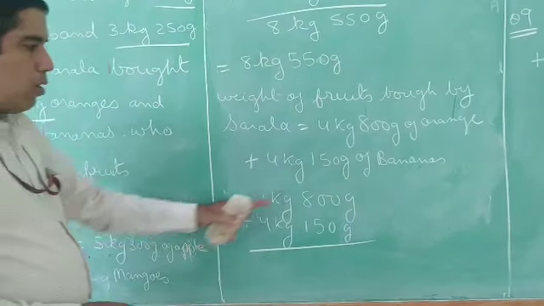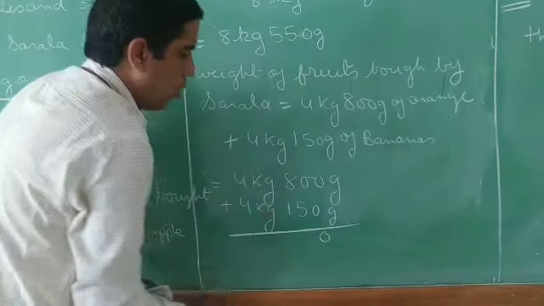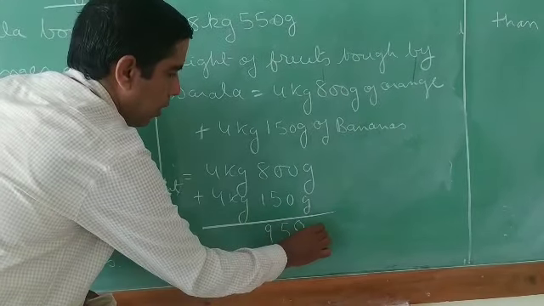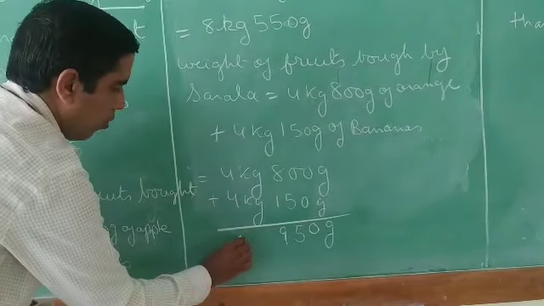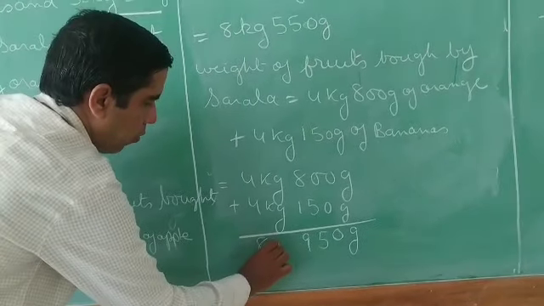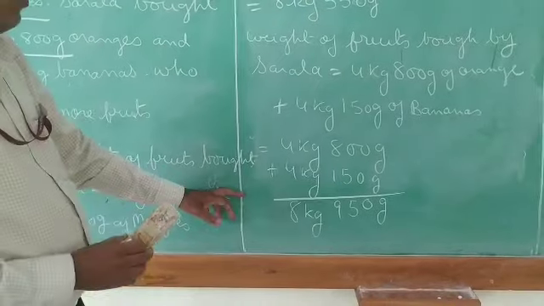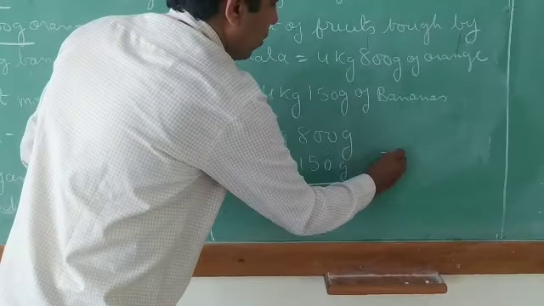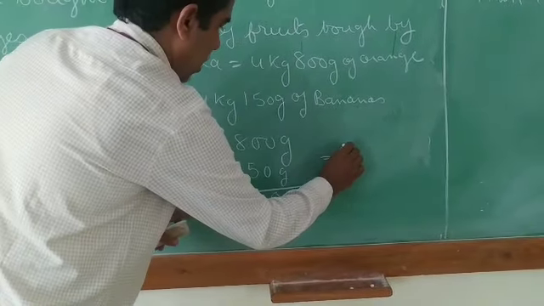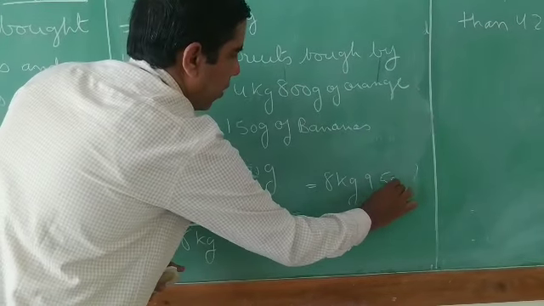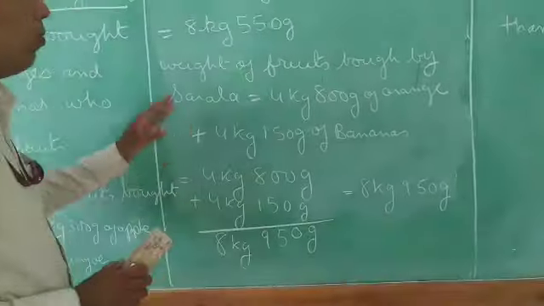Now you can see here 0 plus 0 is 0. 0 plus 5 is 5, 8 plus 1, 9, and here 4 plus 4, 8. So it is 8 kg 950 grams. Now you can see, therefore, what is the answer? The answer is 8 kg 950 gram is purchased by whom? Sarla.